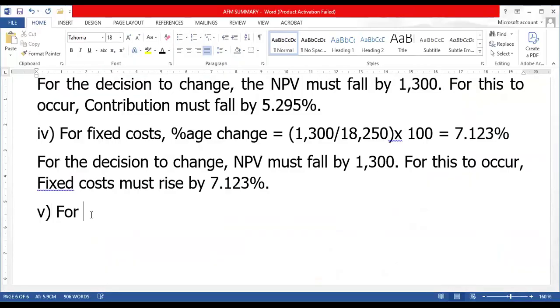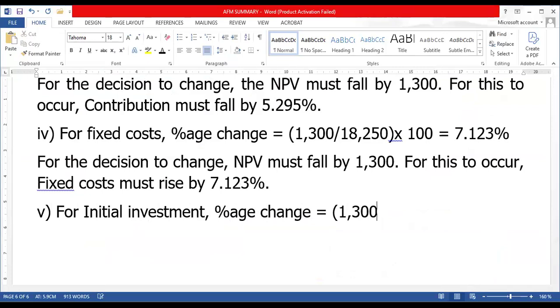For initial investment, what is the percentage change? Get the NPV over the test variable. What is the present value of initial investment?